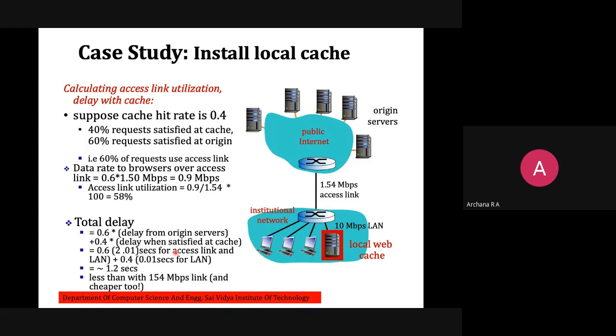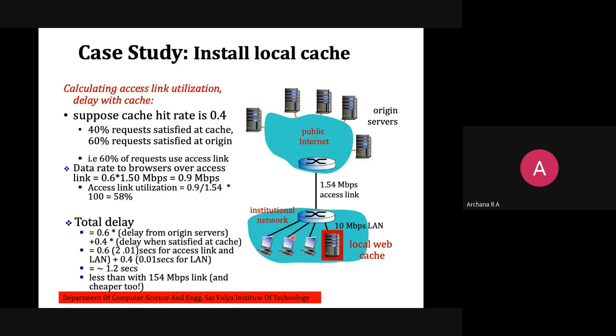If the local area network is able to satisfy all the requests in 10 milliseconds, then it is given by 0.4 times 0.01 seconds for the local area network. For the 60%, you have to fetch the content from the origin server, which is 0.6 times 2.01. The 2 is the internet delay, plus 0.01, because first you have to check the local web cache.